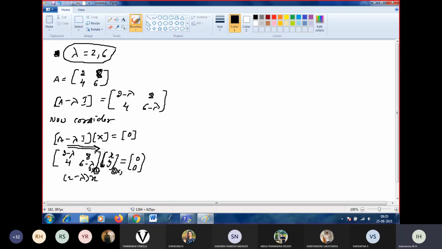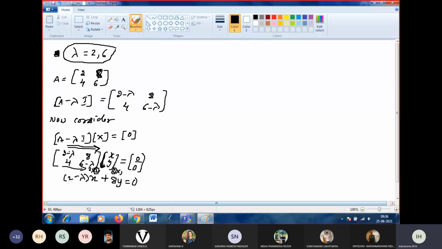First row, first column. 2 minus lambda into x plus 8y is equal to 0, equate to 0. Next, second row, first column.